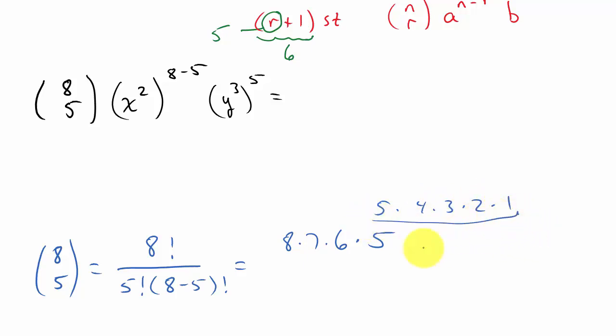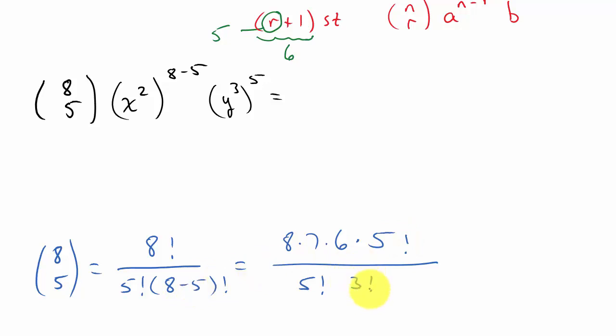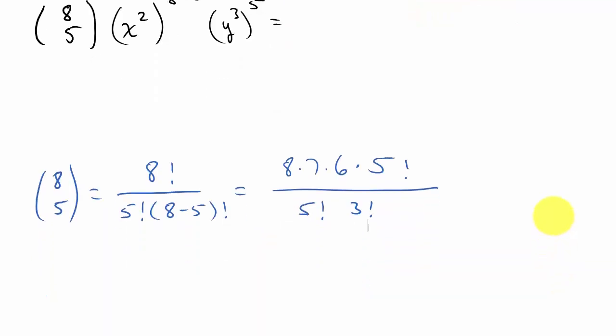Well, what is that? That's just 5 factorial. The reason that I wrote it like that is because I've got a 5 factorial here, and those will just cancel out. And then I've got 8 minus 5, which is 3 factorial. So the 5 factorials cancel.